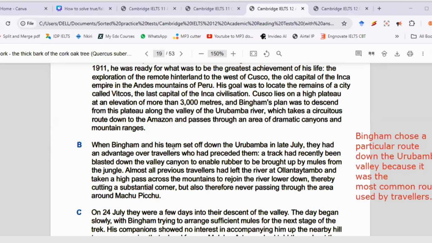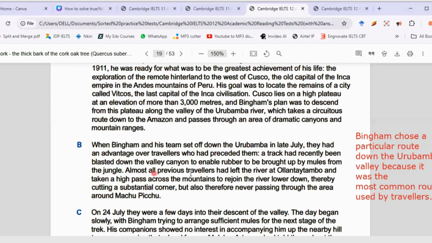When Bingham and his team set off down the Urubamba in late July, they had an advantage over travelers who had preceded them. A track had recently been blasted down the canyon to enable rubber to be brought up by mules from the jungle.